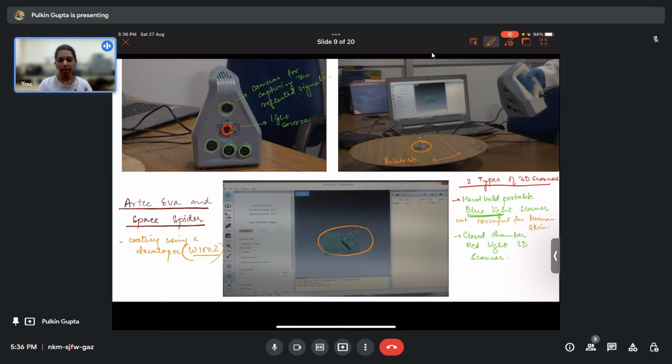Then we could get scans with precise information, because that coating suppressed the luster of the surface. We do not want any lustrous surface, so we avoid lustrous surfaces for scanning. We use developers or coatings in such a scenario.